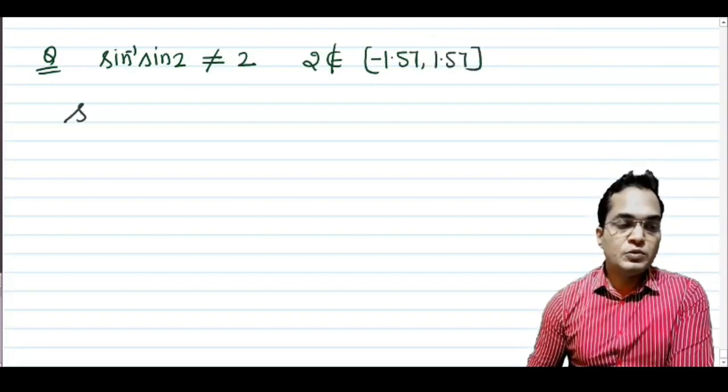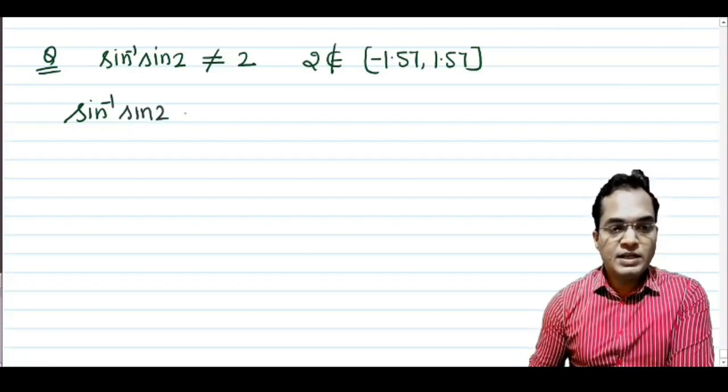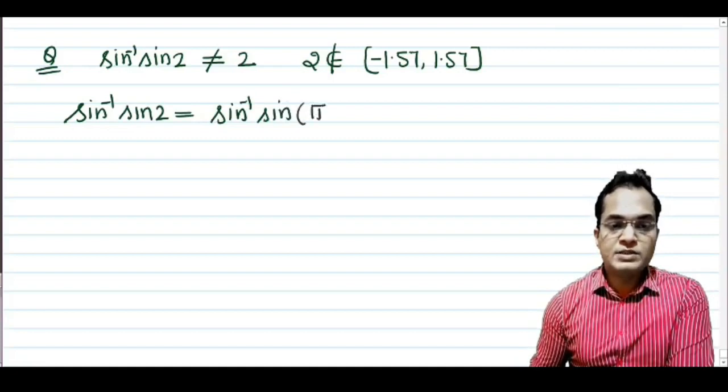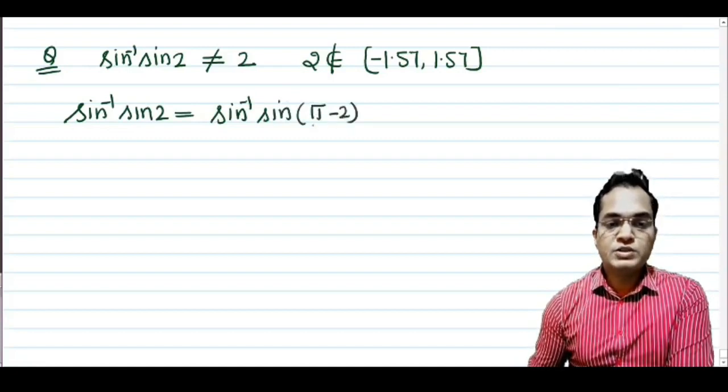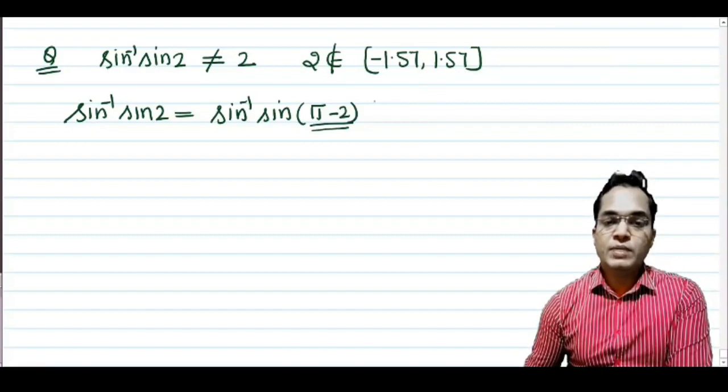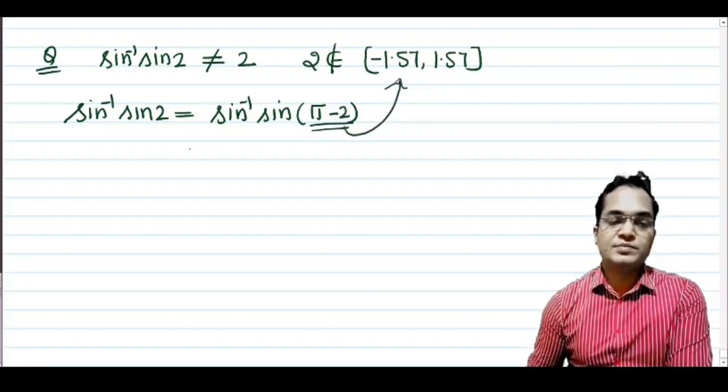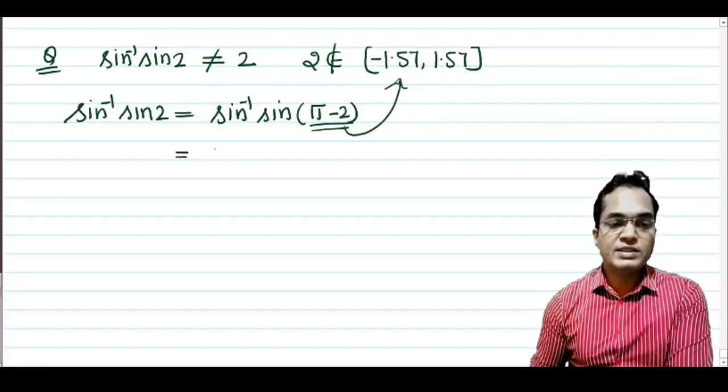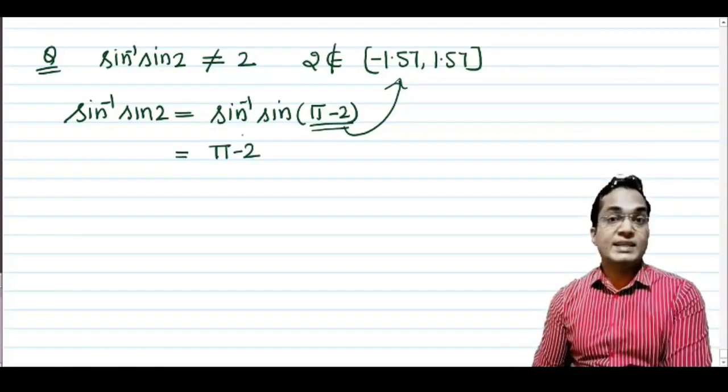But as we know now, sine inverse sine 2 can be written as sine inverse sine (pi minus 2). Now check it, this pi minus 2 lies between this range. That's why our answer is pi minus 2. I think it is so easy.